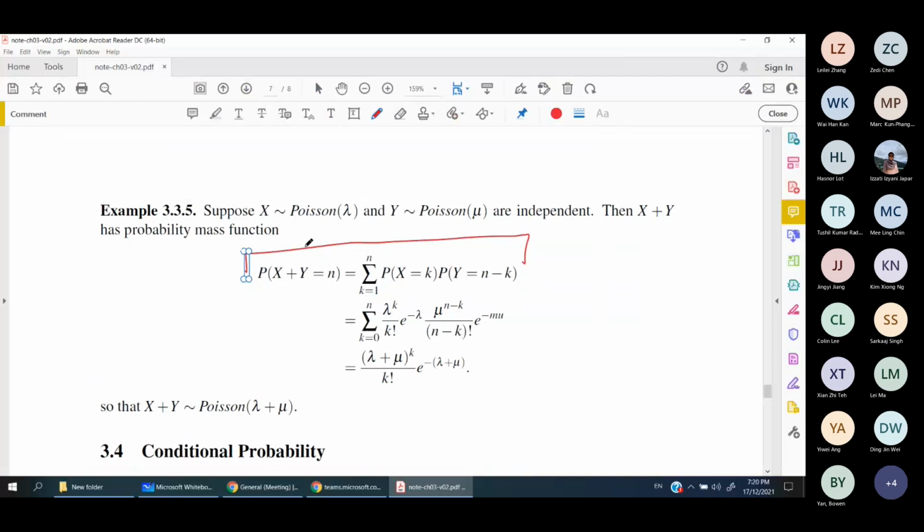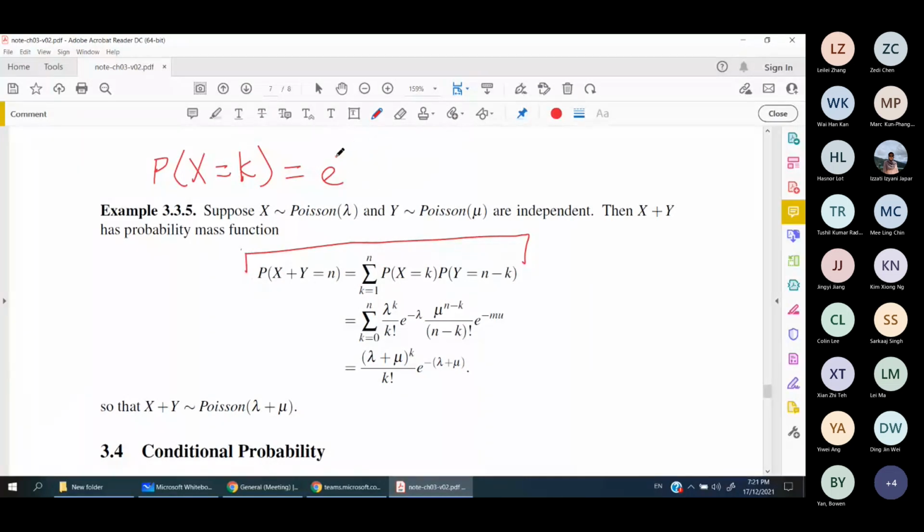Next, given that x is a Poisson with mean lambda, and y is a Poisson with mean mu, by the formula you can have p of x equals k. Poisson is another standard distribution, so I expect you can remember the formula.